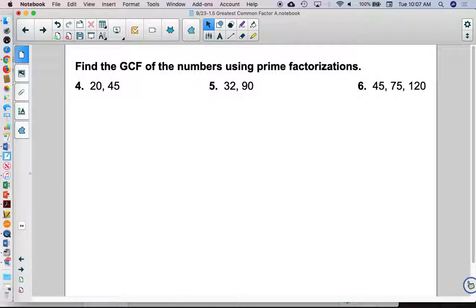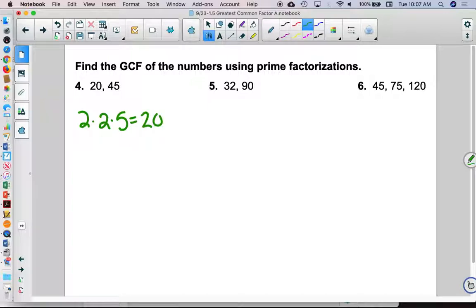The GCF of 20 and 45 is 5. If you look at the prime factorization, 20 is 2 times 2 times 5. And for 45, it is 3 times 3 times 5.